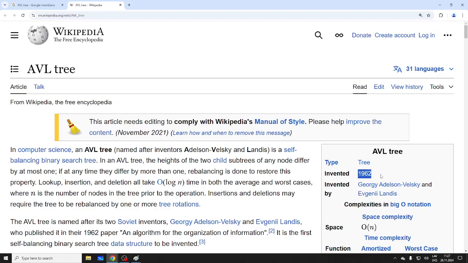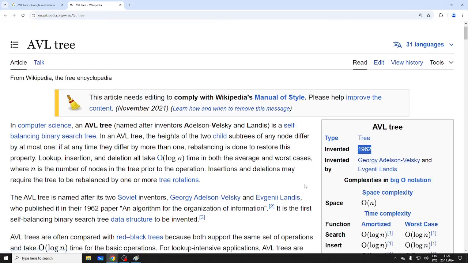That is 1962, pretty amazing for that year. Basically the first self-balanced binary search tree structure. Afterwards, there are many other ones, like the red-black tree, which I think somewhat unjustly is more popular. AVL trees have, in some cases, better performance.